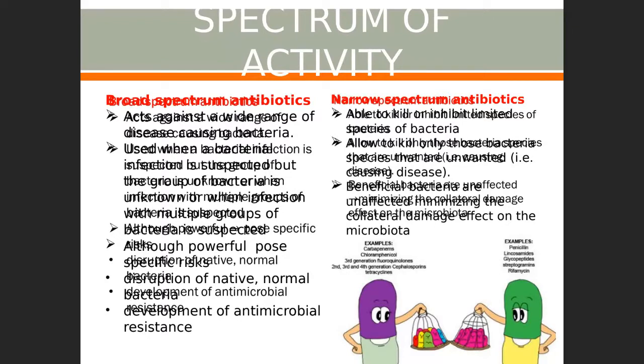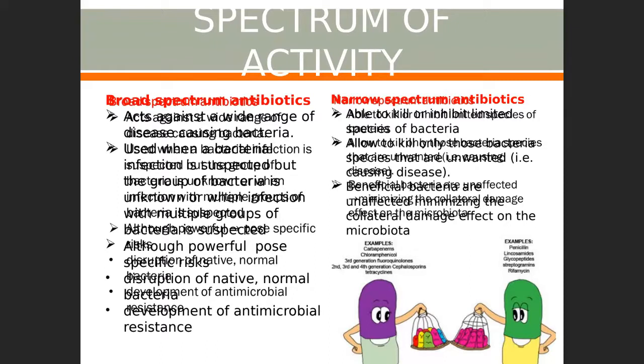From the name you can understand, broad spectrum means these drugs are able to target a wide range of bacteria. That is why they are known as broad spectrum antibiotics. Narrow spectrum means these agents are able to kill or inhibit a very limited number of bacterial species. That is why they are known as narrow spectrum antibiotics.